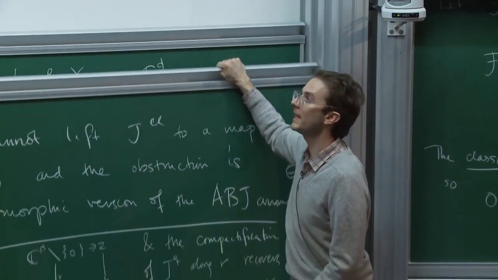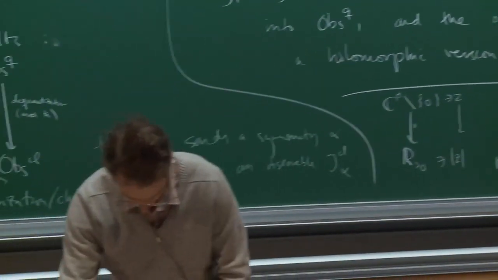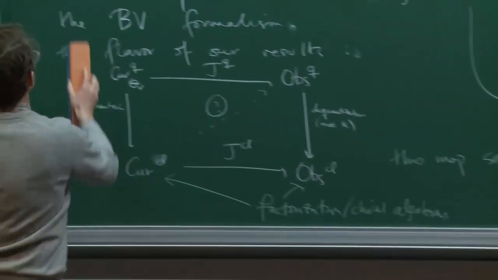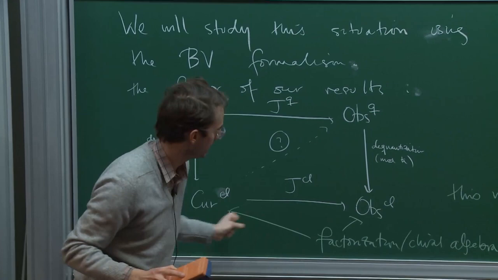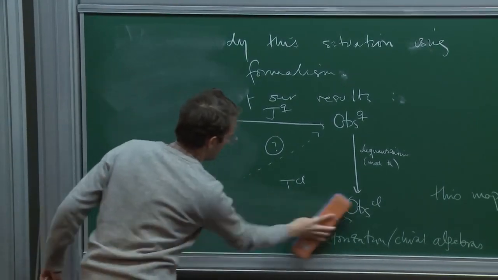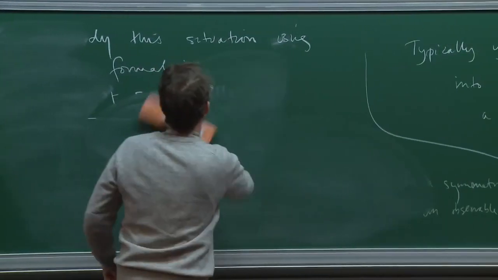Now I'm just going to do the same thing, but in the one-shifted context. So I'm going to tell you what this thing is now, and this map will be the one-shifted version of the map of Poisson algebras there.